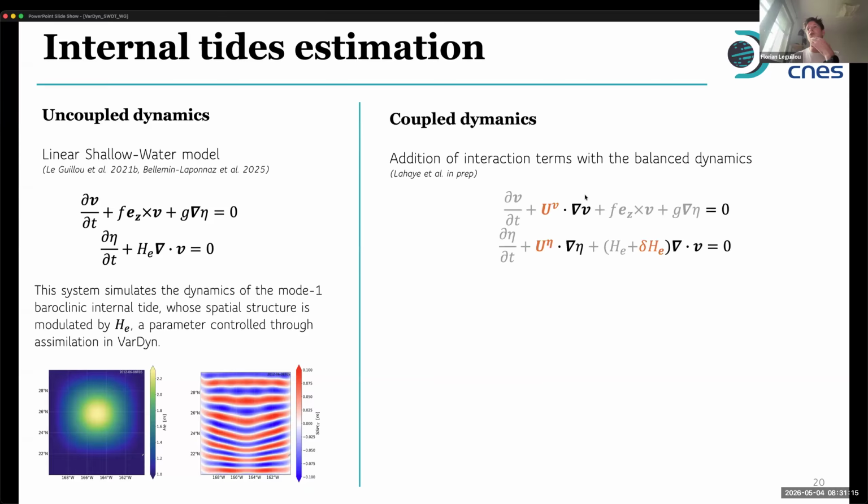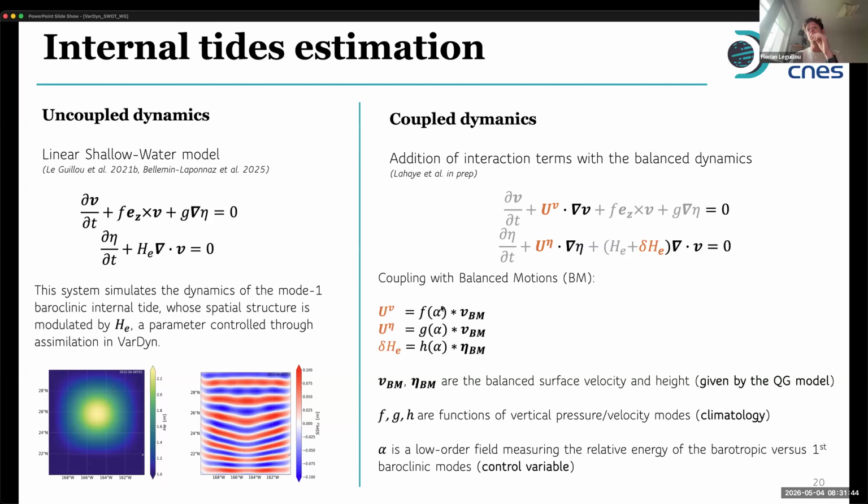And what we do now is we add three new terms that simulate the coupling between the balanced motion and the internal tide field. So we have additive terms here and here, and we have delta HE that we add here to make the modulation coupled with the balanced motion. All these orange terms are calculated from the balanced motion field, so the velocity field for the big U and the sea surface height field for the delta HE.